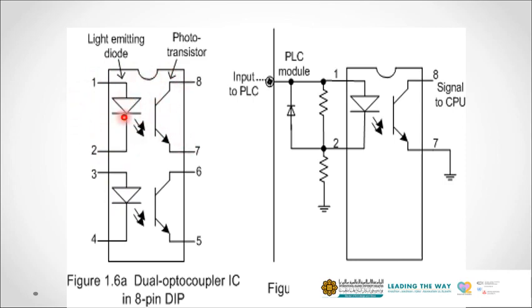When this LED is turned on because of the input device, this transistor switch will also be activated. And this is the PLC module. So this is the input going to the PLC module. So this is how the opto isolator comes into play in your PLC system. So this is your input from the outside world, and this is the PLC. Inside the PLC we have this opto isolator.